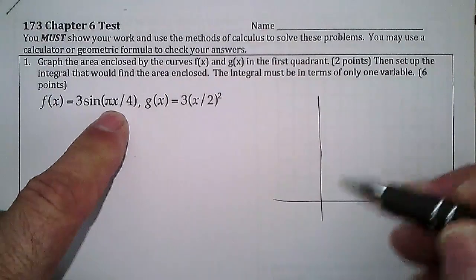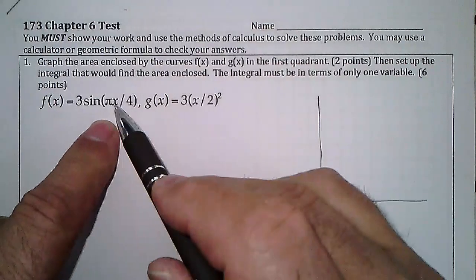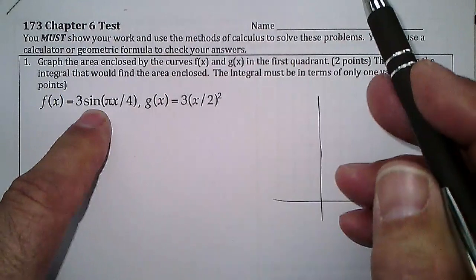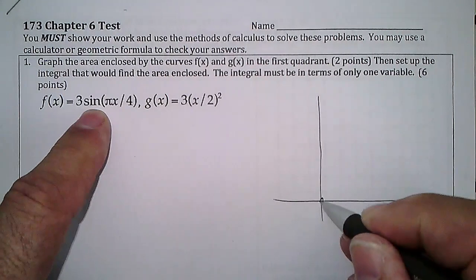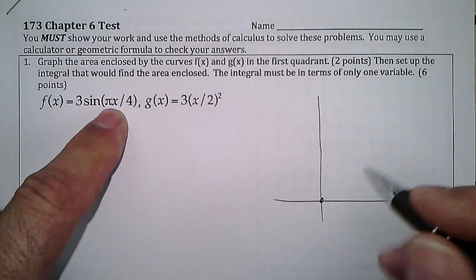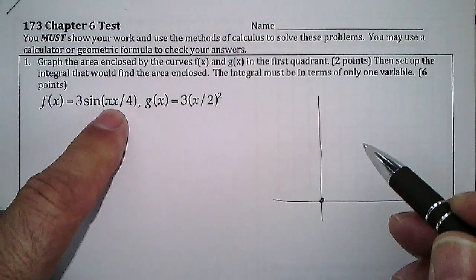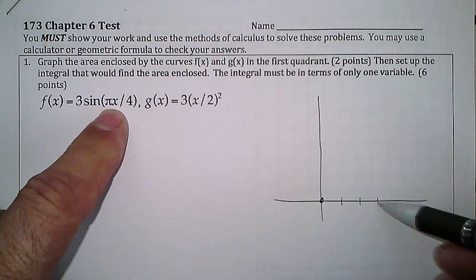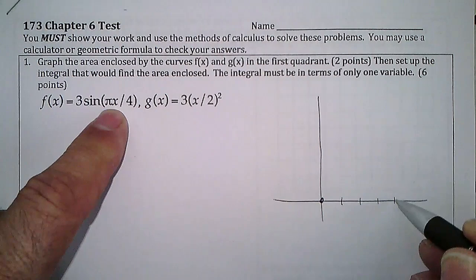If I put in 0, 0 times pi divided by 4 is 0. Sine of 0 is 0 times 3, 0. If I put in 4, I get the sine of pi, which is 0 again.